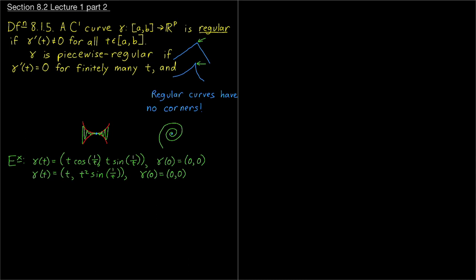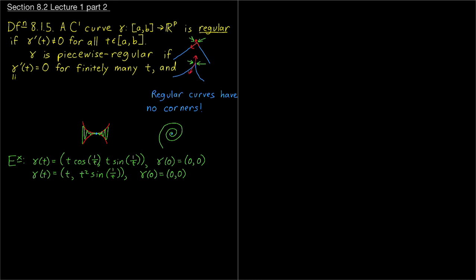So I've said that gamma prime of t has to be non-zero for all but finitely many t, and at the points where it is 0, that is the finitely many points where the tangent vector doesn't exist, I'm going to say that the tangent vector has to approach a limit from the two sides, and that will allow us to have these kinds of corners where the tangent vector is heading towards this from this side and this from that side.